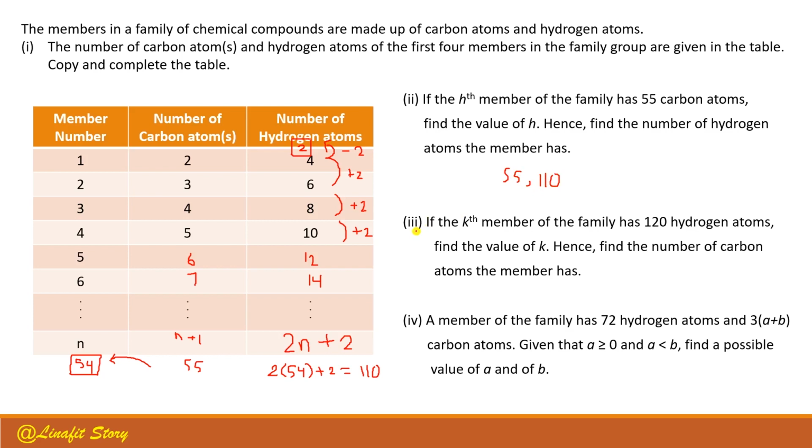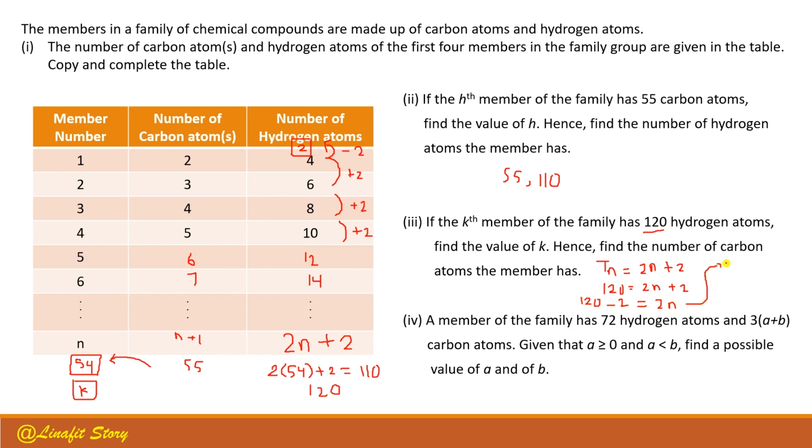If the K member of the family has 120 hydrogen atoms, find the value of K. Tn is equal to 2n plus 2. 120 is equal to 2n plus 2. 120 minus 2 is equal to 2n.